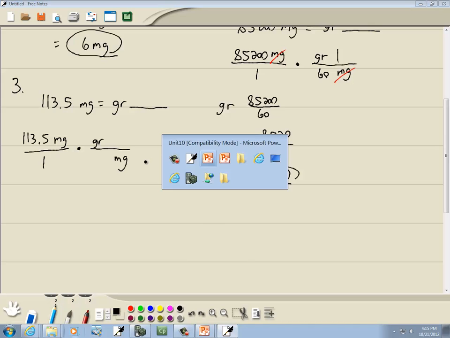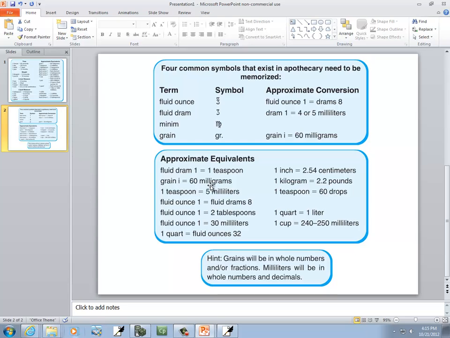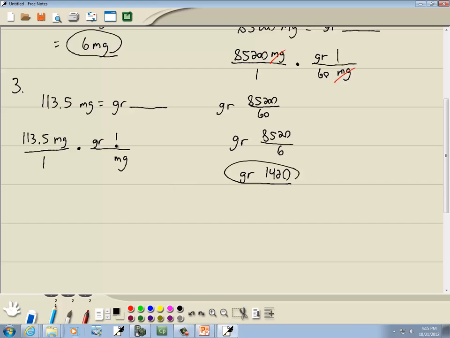And we already said there's a tie between those. 60 milligrams right here is 1 grain. I should put the Roman numeral, but I'm going to put the 1 just to make it a little simpler. Those cancel. And I got 113.5 over 60 grains.